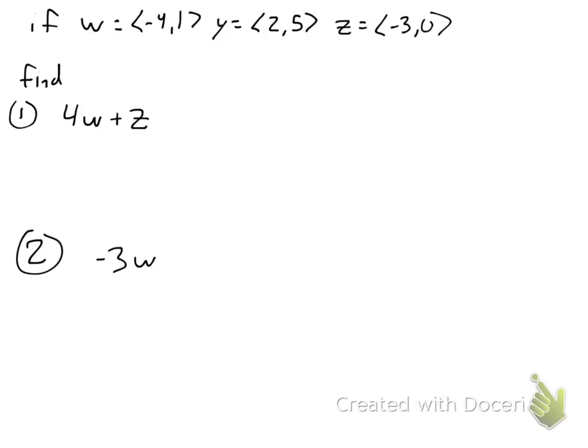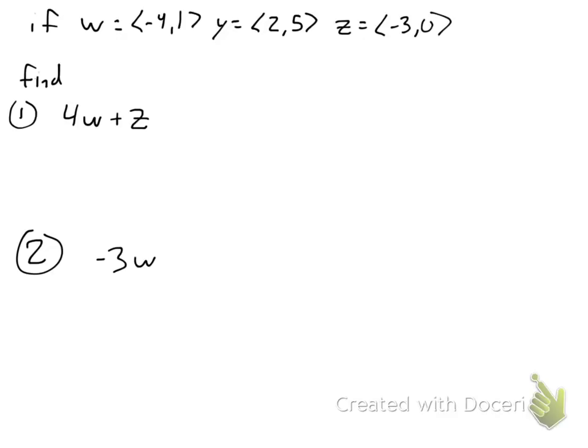As we can see that a little bit better now. So the cool thing is, I want to do 4 times w plus z. Order of operations still applies here. I got 4 times w, vector w, and then I got plus z. That means I need to do the multiplication first. I need to do 4 times w, then I can do plus z.